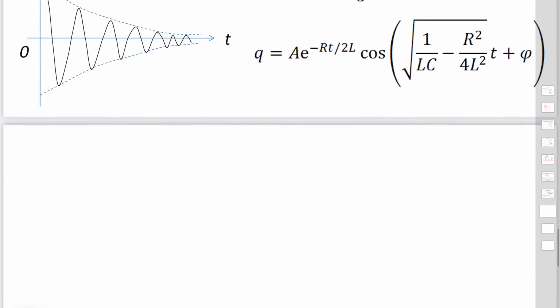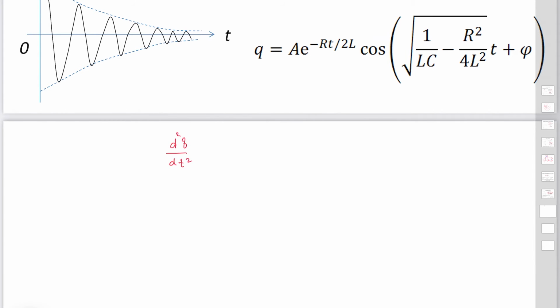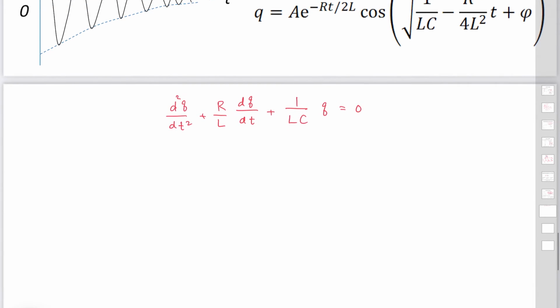The equation we need to solve is d squared q over dt squared plus R over L dq/dt plus 1 over LC q equals 0. When we solve this type of differential equation, you can substitute q equals exponential of lambda t.